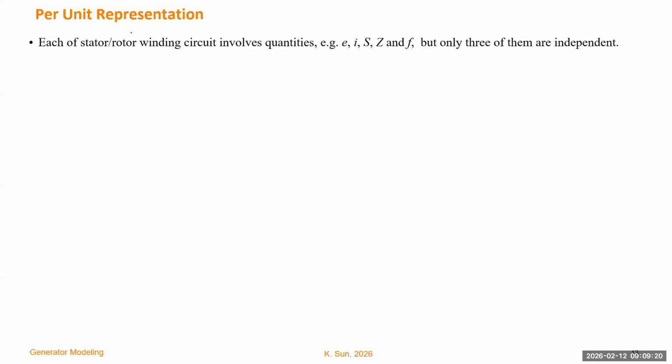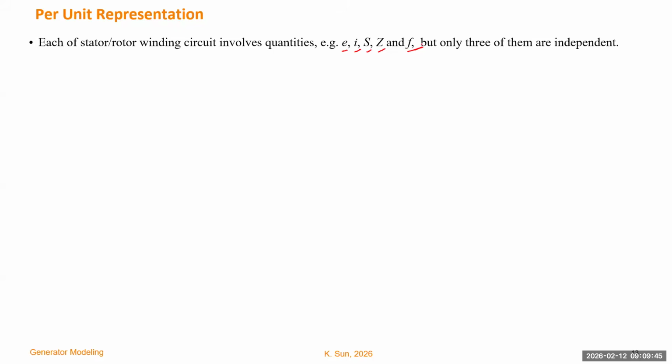Per unit representation basically just gives you a percentage number for any quantity. For a circuit, we have four fundamental quantities: voltage, current, power, and impedance. When we study dynamics, we also introduce frequency, so we have five basic quantities.